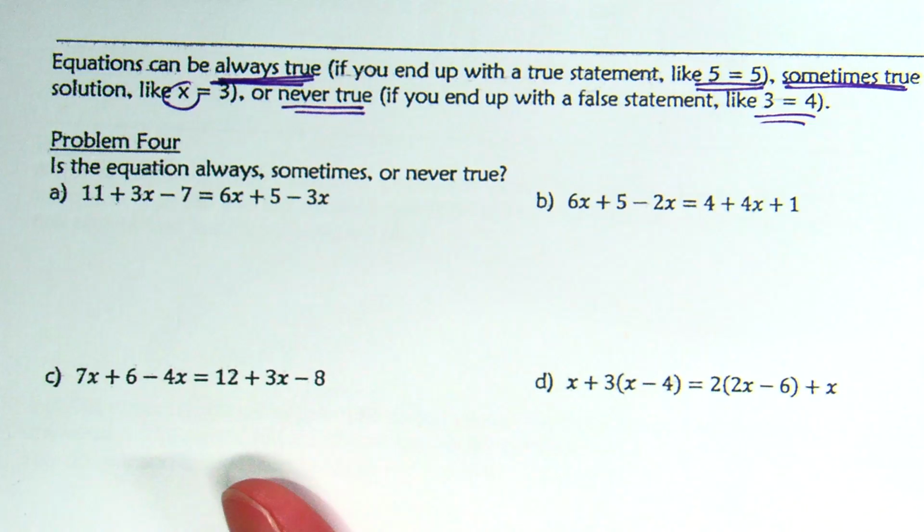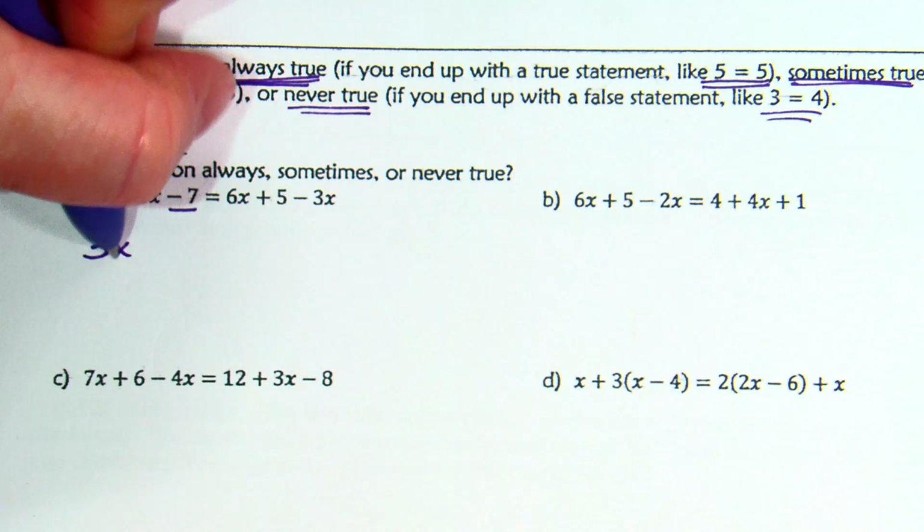Okay. So on the left, what cleans up here? 11 minus 7 is 4, and we have a 3x. So I have a 3x plus 4. On the right, 6x minus 3x cleans up to be 3x plus 5.